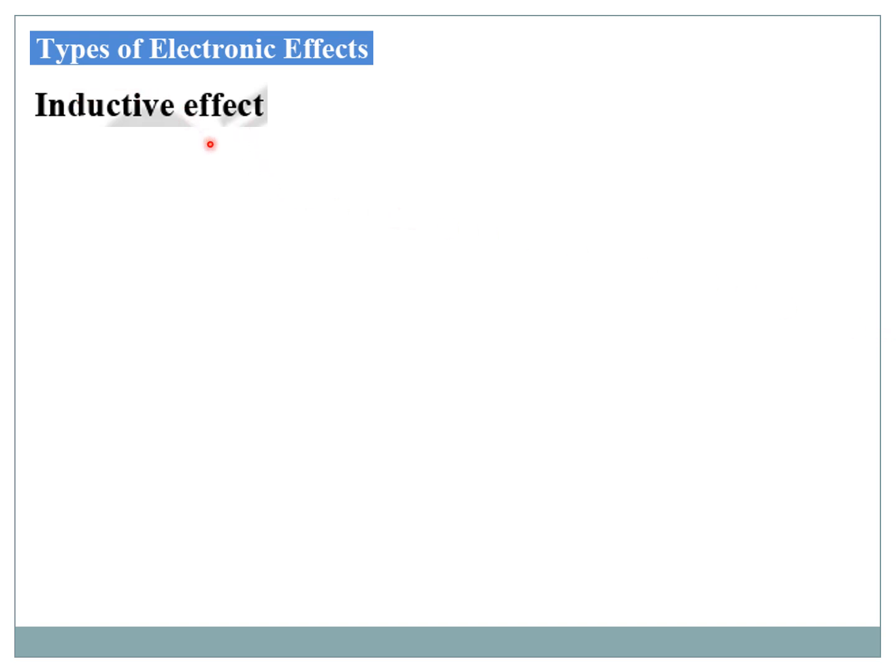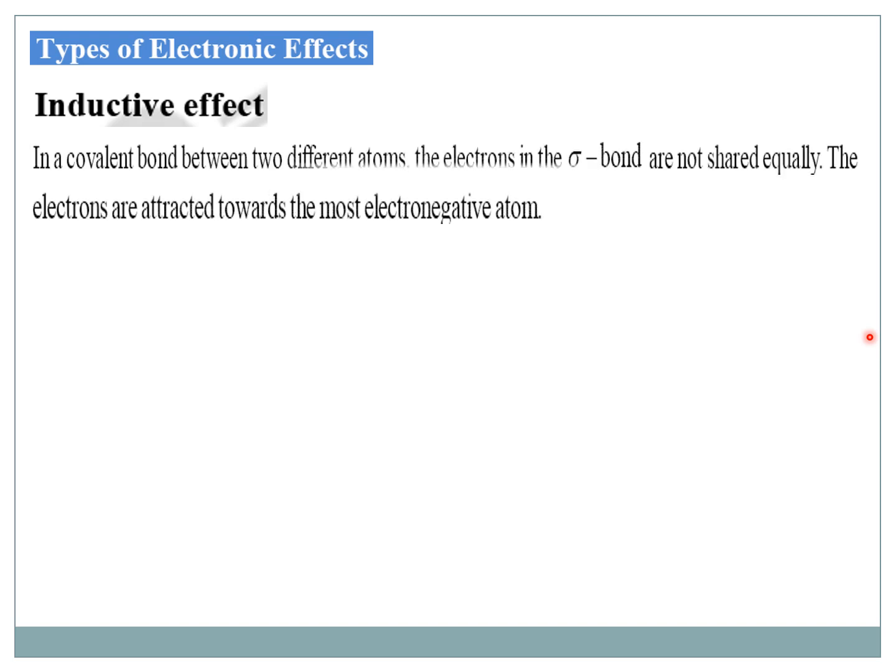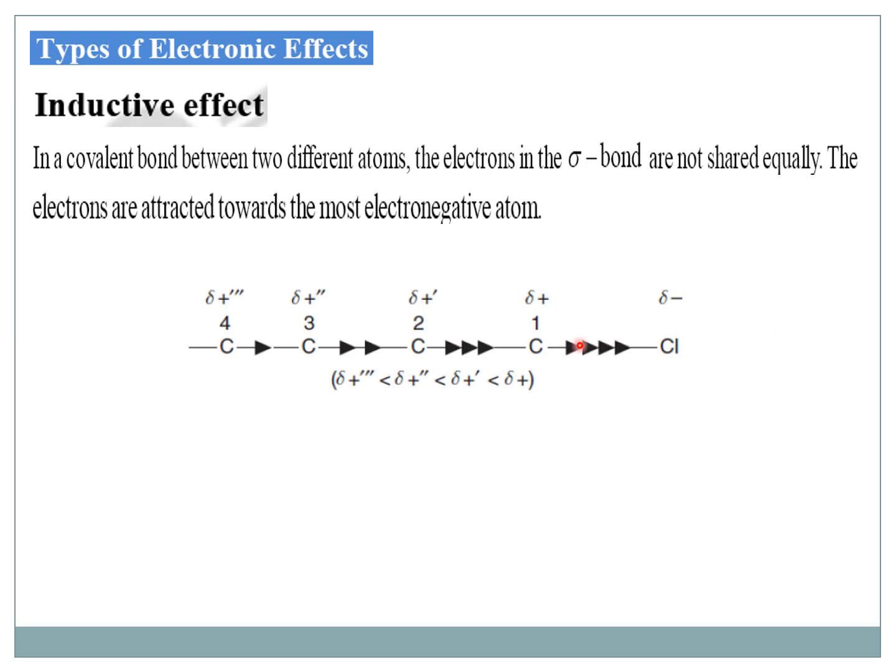So what is the inductive effect? The inductive effect is the displacement of the sigma electrons towards the more electronegative atom. Whenever there is an electronegativity difference between two atoms, the shared pair of electrons, mainly the sigma electrons, move towards the more electronegative atom.